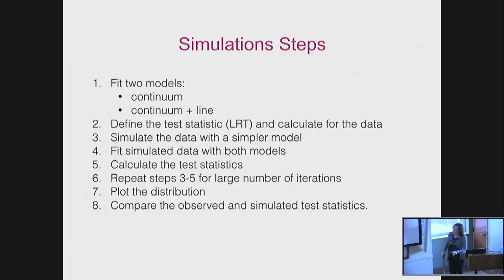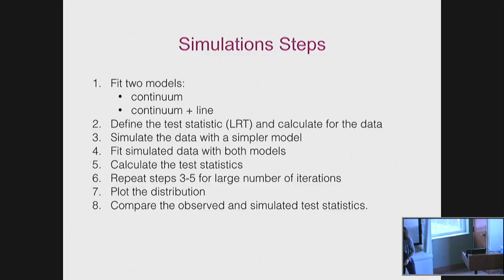We define the test statistic, the likelihood ratio test, where we have the likelihood of one model and the likelihood of the other model, and we calculate that ratio based on the data. And then I simulate the data, assuming that I only have the continuum there. So using the simpler model, I fit the simulated data with these two models, one with continuum, one with continuum and line, and then I calculate the test statistic on this simulated data.